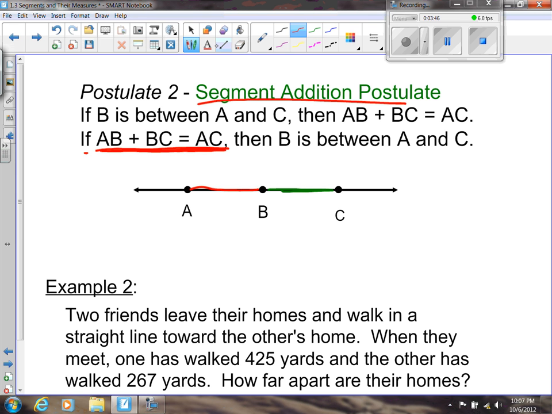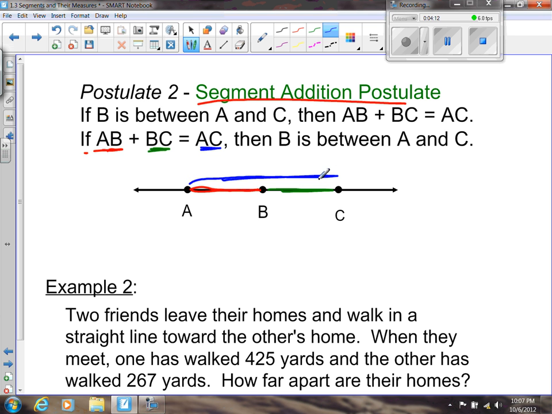So AB, segment AB, plus segment BC, those lengths AB plus BC equals the total from A to C. So the red part plus the green part equals the blue part.